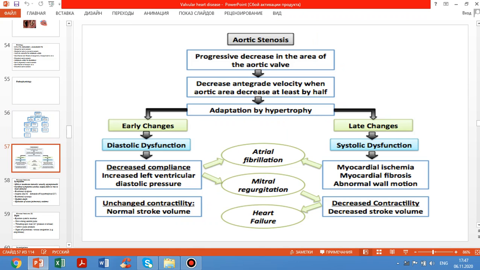Late changes: systolic dysfunction, myocardial ischemia, myocardial fibrosis, abnormal wall motion, decreased contractility, and decreased stroke volume. Due to this, atrial fibrillation, mitral regurgitation, and in the end, heart failure.